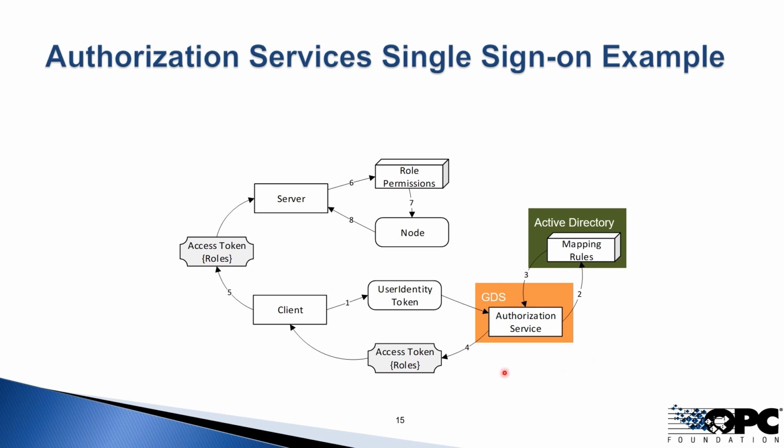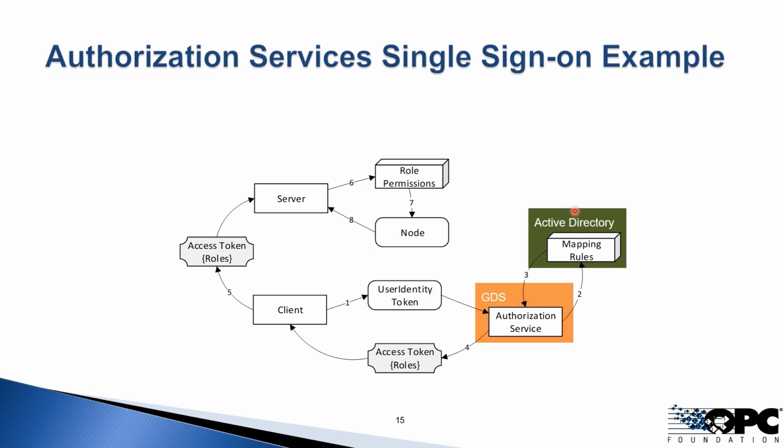The GDS is the OPC UA component, the centralized component that's running the authorization service that's used as an intermediary so that the client and the server can talk to the GDS using OPC UA mechanisms, and they're shielded from the specific backend APIs for Active Directory.